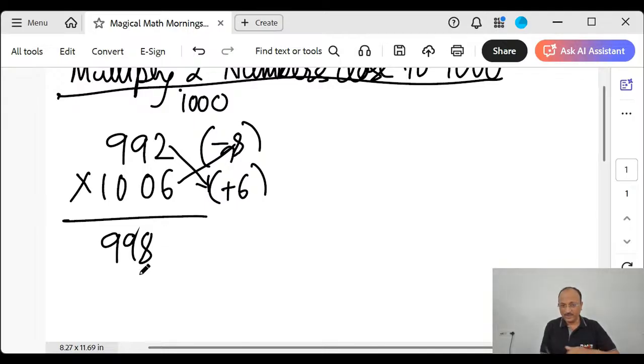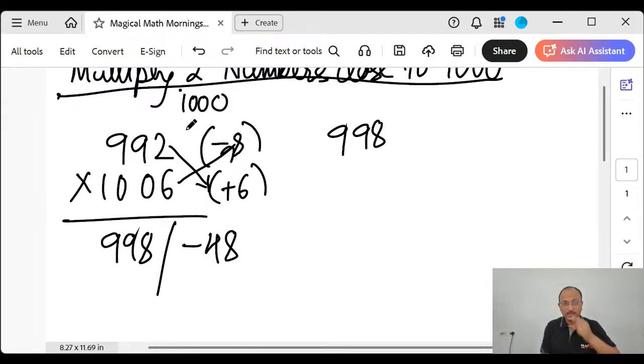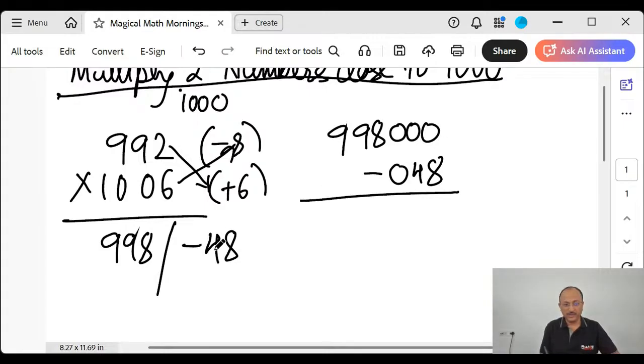The second part is what we're going to do: minus 8 times plus 6. The product will come minus 48. We cannot write this directly. How do we write the answer as 998? And the base contains 3 zeros, so we are going to write 3 digits. And this minus 048 I am subtracting, because the nearest base is 1000, so 3 digits I'm going to fill.